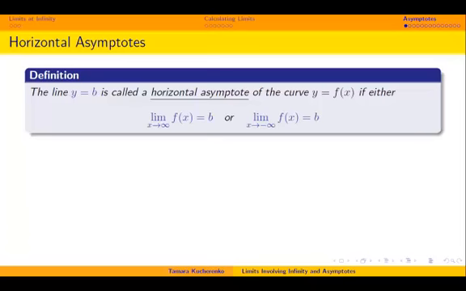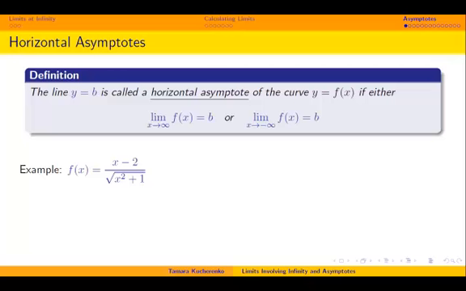Let's go back to our previous example and consider f of x equals x minus 2 divided by the square root of x squared plus 1.